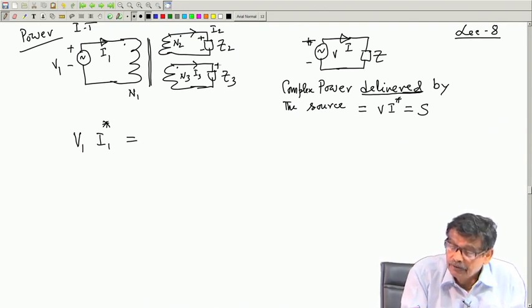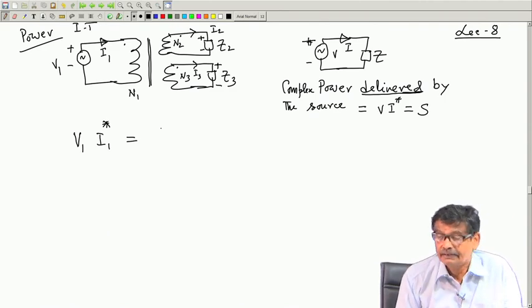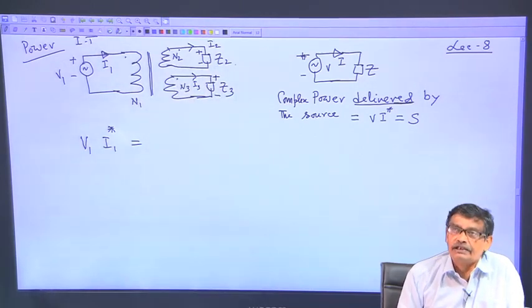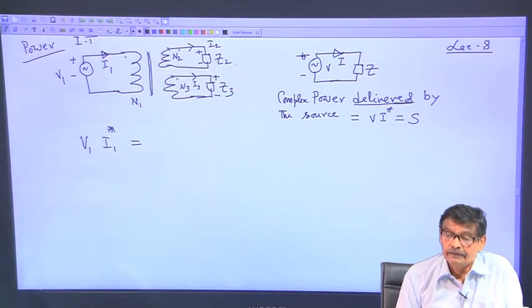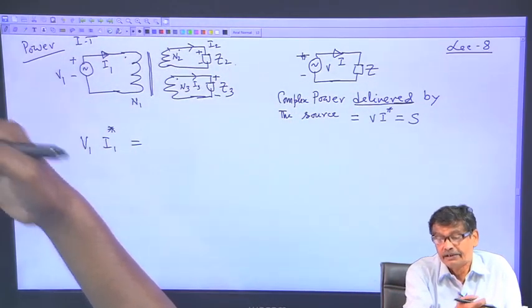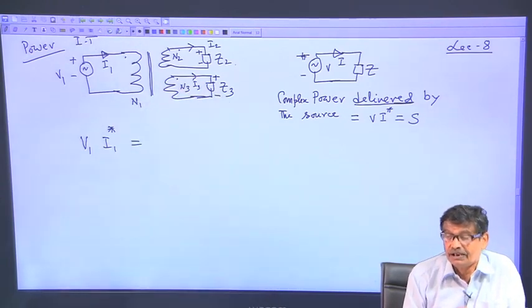Similarly, the voltage drop across Z 3 is I 3 Z 3, upper one plus, lower one minus, and through the dots current comes out, that is the way you assume in a transformer. So that MMF will be compensated by the current drawn by the primary through the dot, that is the whole implication.